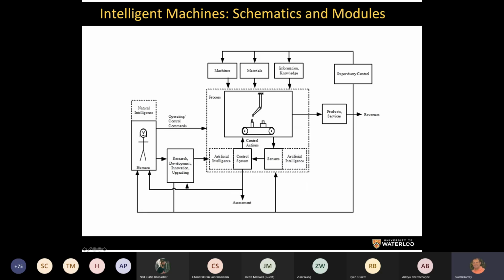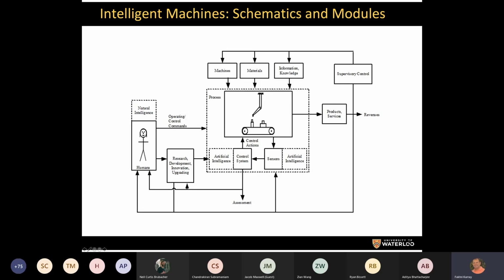This is another example of a manufacturing system where you have the natural intelligence of the humans doing the research, development, and innovation to create this type of system and to improve it. There is the artificial intelligence component, the control system, and the sensory components. This is the manufacturing process. We have various environments, various machines, and the material that comes to these processing plants.